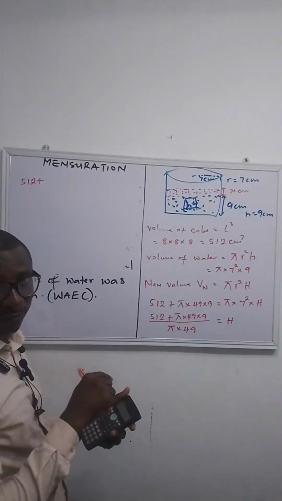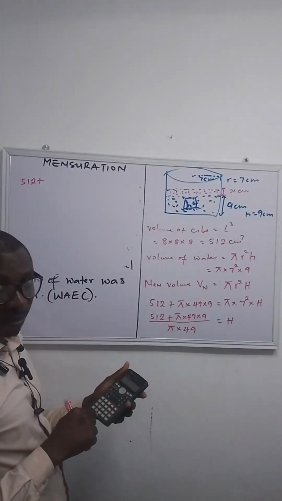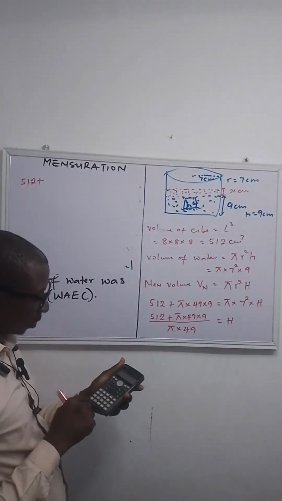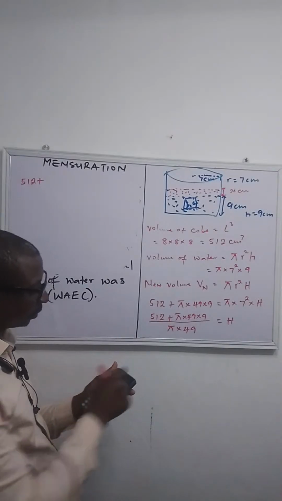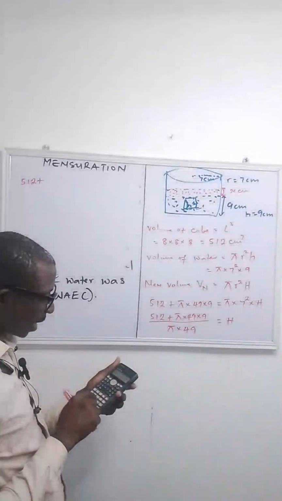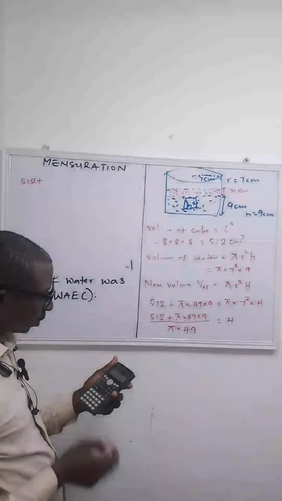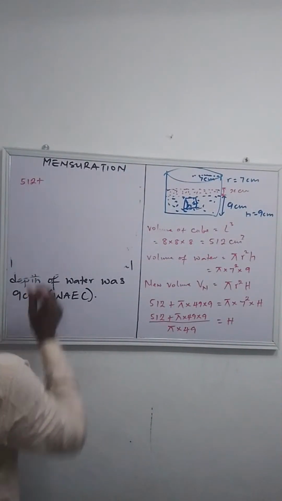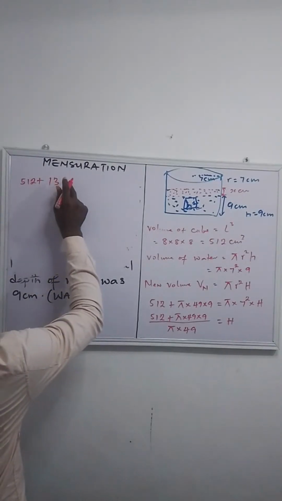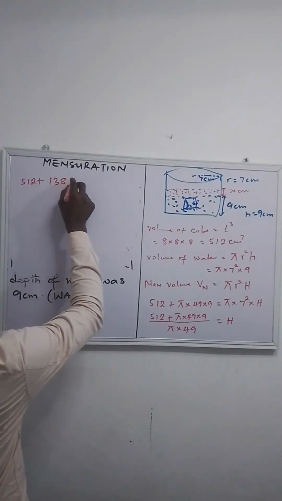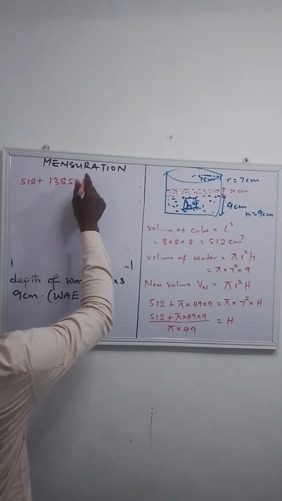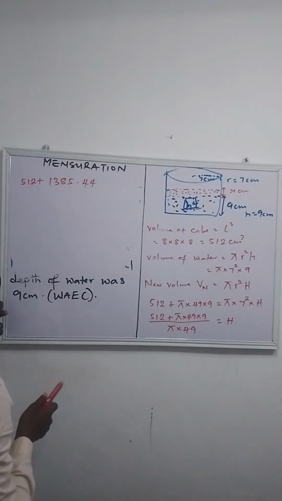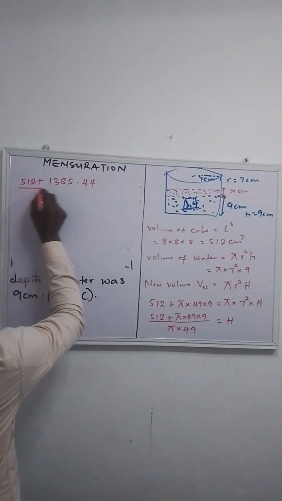You can press shift pi, so shift pi times 49 times 9. If you do that correctly, you have 1385.44. Okay, so everything all over.